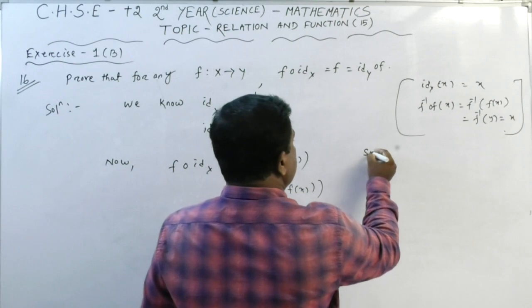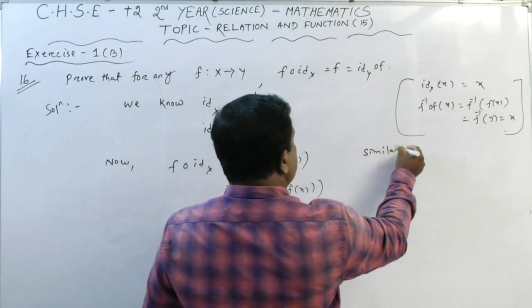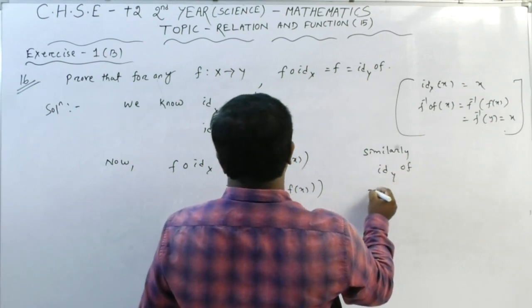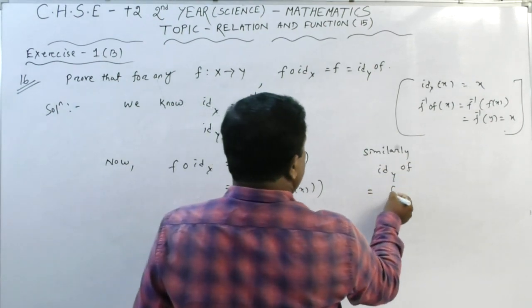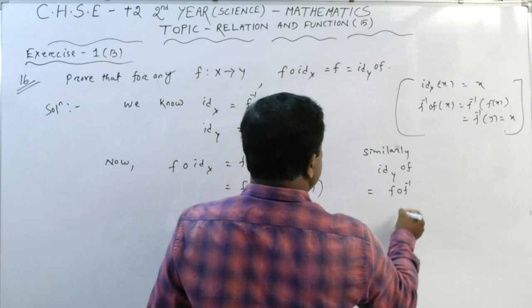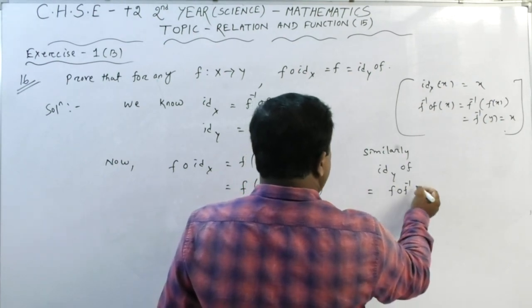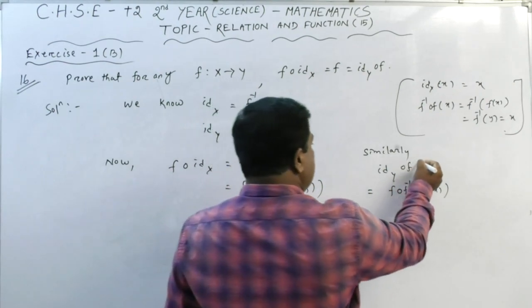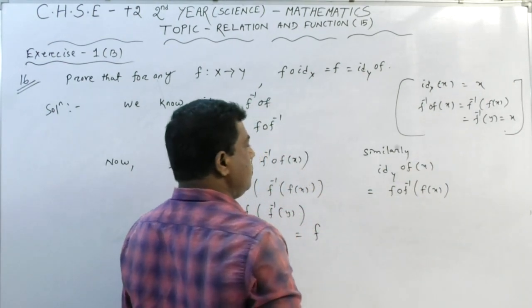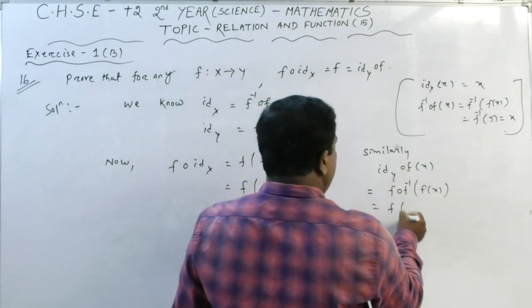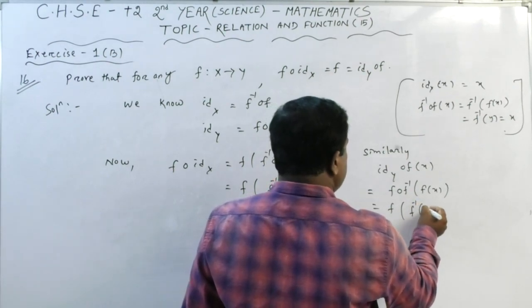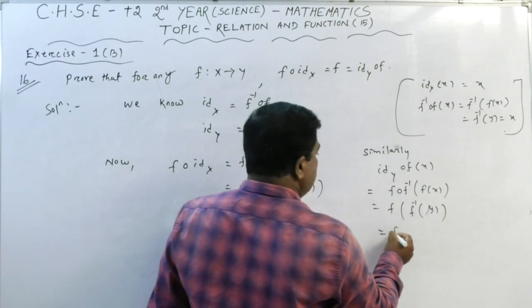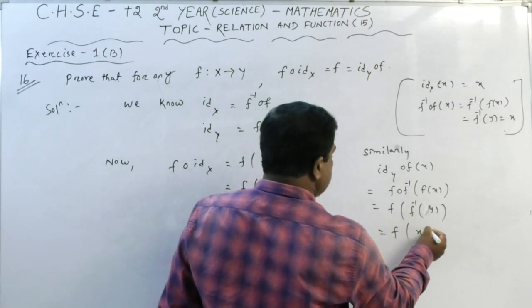Similarly, identity on y operated on f is equal to f operated on f inverse of f of x. Suppose x is there. So it is f of f inverse of f of x. And what is f of x? That is y. And what is f inverse y? That is x.